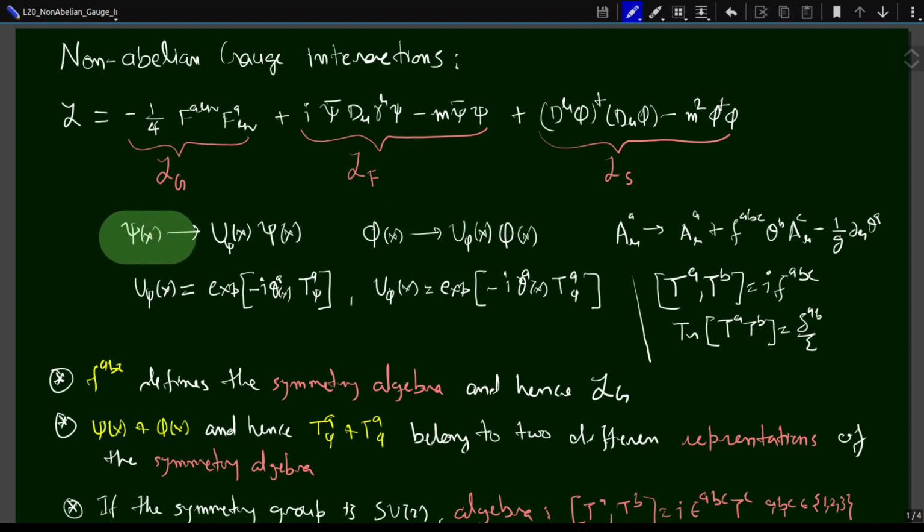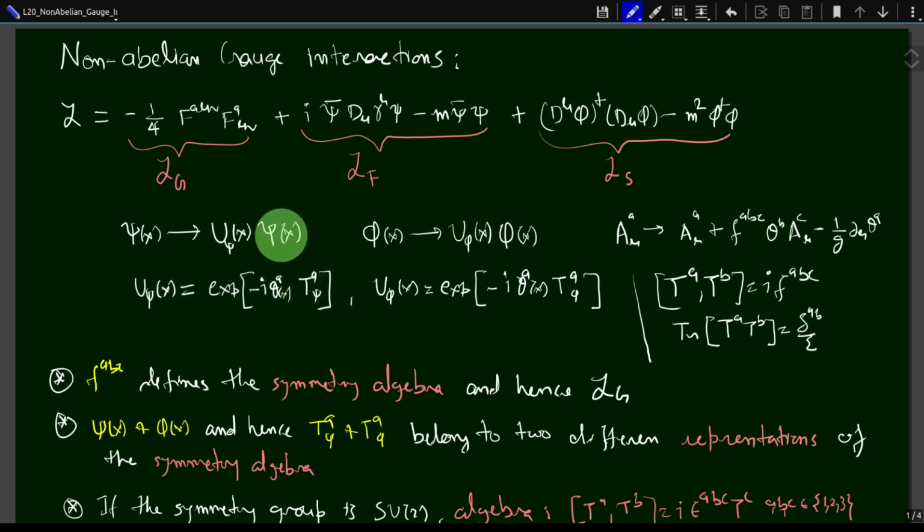So ψ(x) transforms using U_ψ ψ(x). I want to put the label ψ on U just to say that ψ transforms like this, and φ transforms like U_φ φ(x). The expression for U_ψ is exactly as it was: exponential of i θ^a(x) T^a, but I'm putting the label ψ over here.